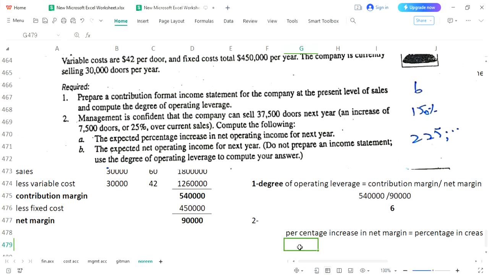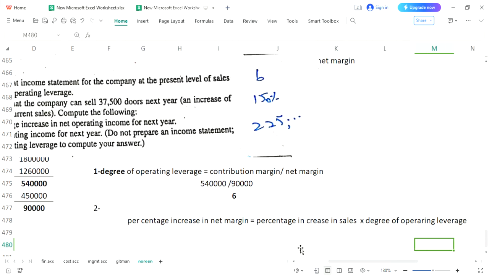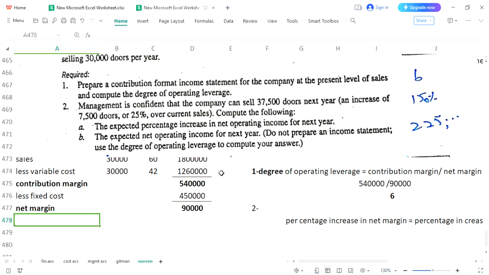So here is your formula, though it has length, it's a simple formula. Don't worry about that. Percentage increase in sales. You can see that he is saying we are increasing 25%, an increase of 7,500 doors. So 25% is the increase in current sales.